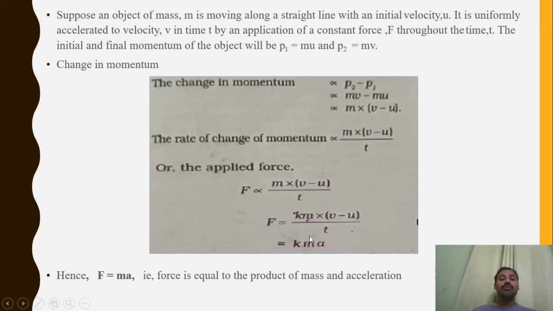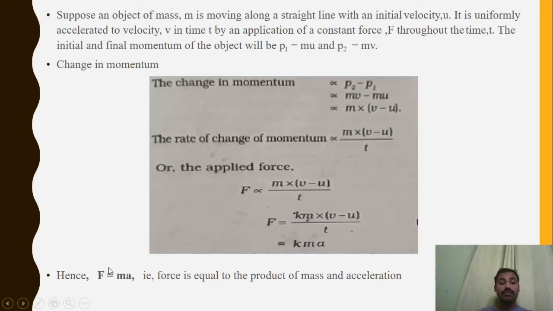For a uniform force, k tends to unity, that is, the value of k will be 1. Then finally we get F is equal to m into a. This is the basic equation of the second law of motion, that is, F is equal to ma.